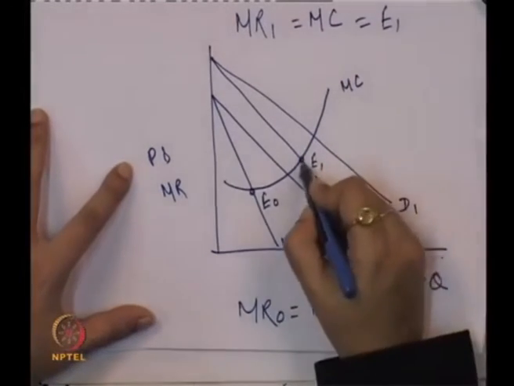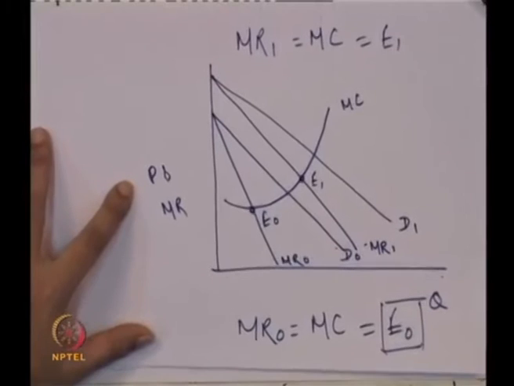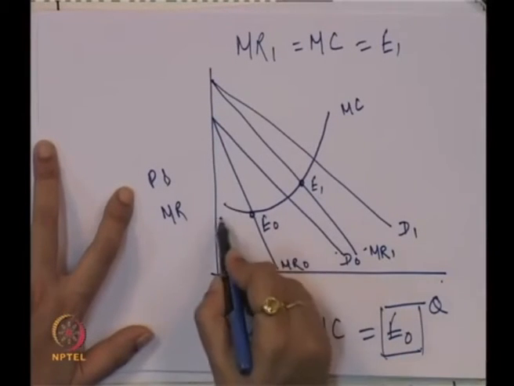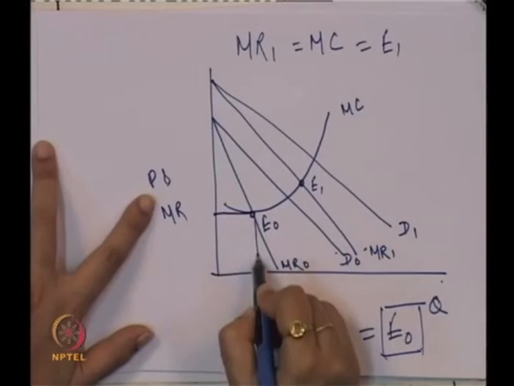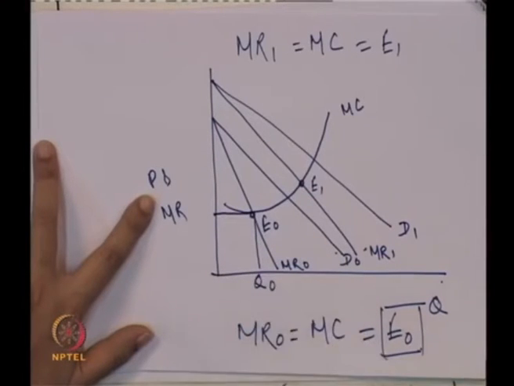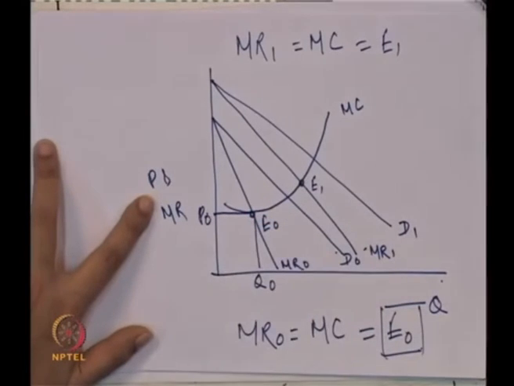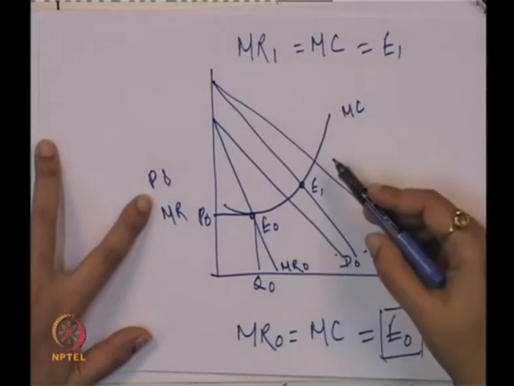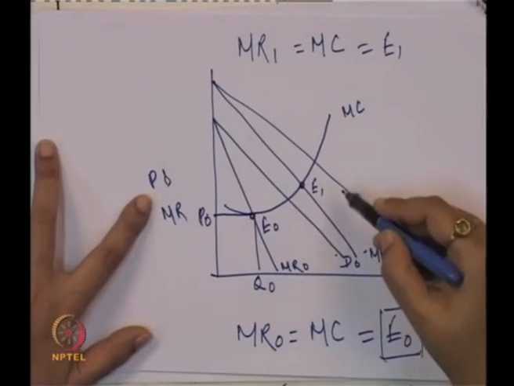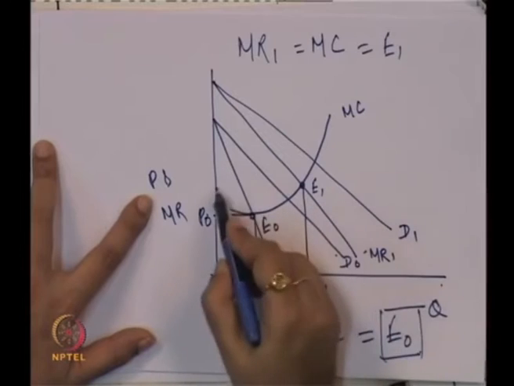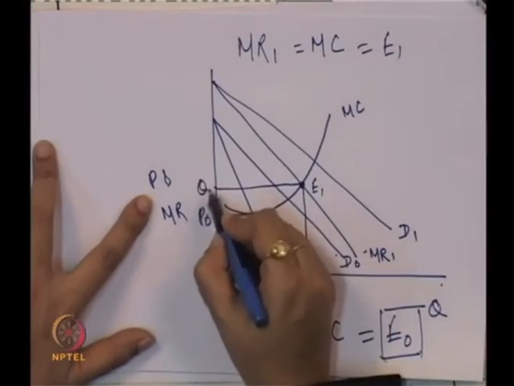So, we get another point of equilibrium. In the first case, this is the profit maximizing quantity and this is the profit maximizing price. After the increase in the demand, corresponding to the new level of equilibrium, this is the output and this is the price.